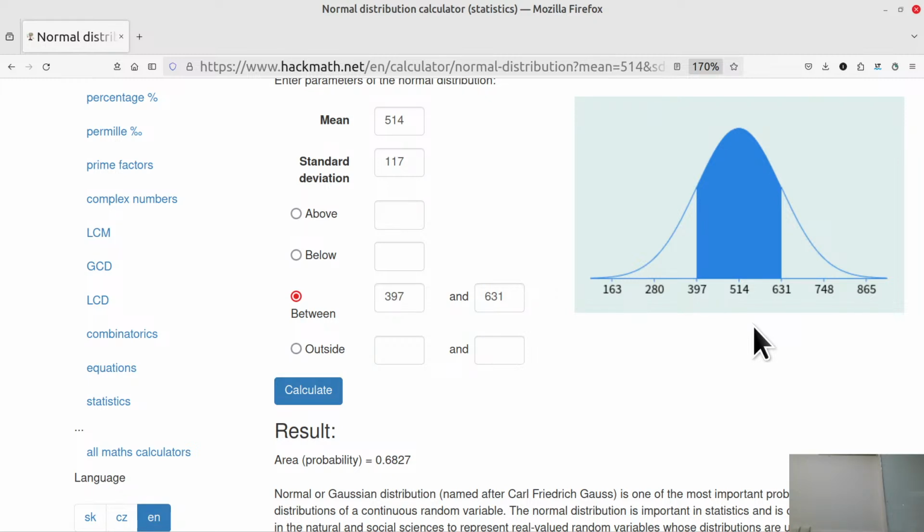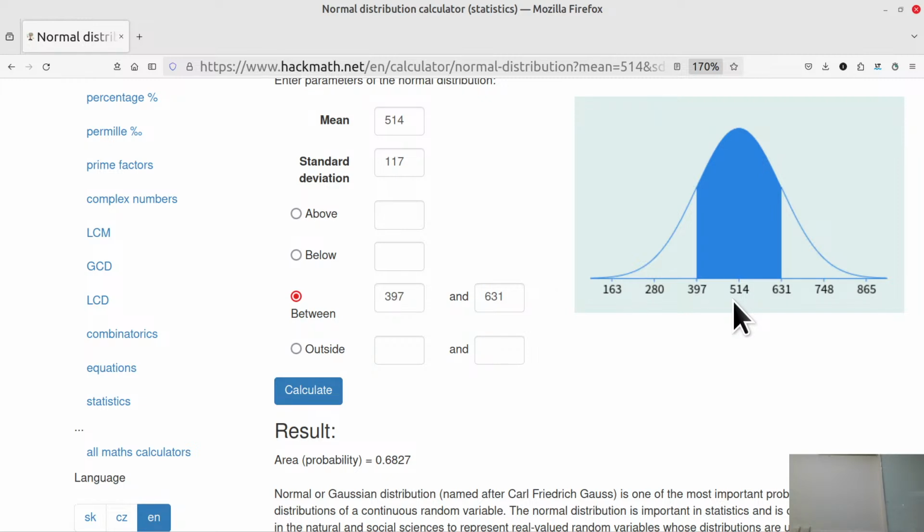Okay, and next question. You can use the function outside. It's 2 tails. You can type the same 397, 631, and see what you get. Now we use the function between 397 and 631.